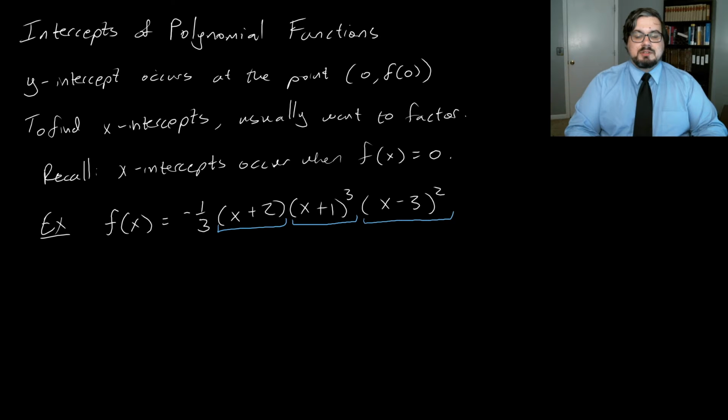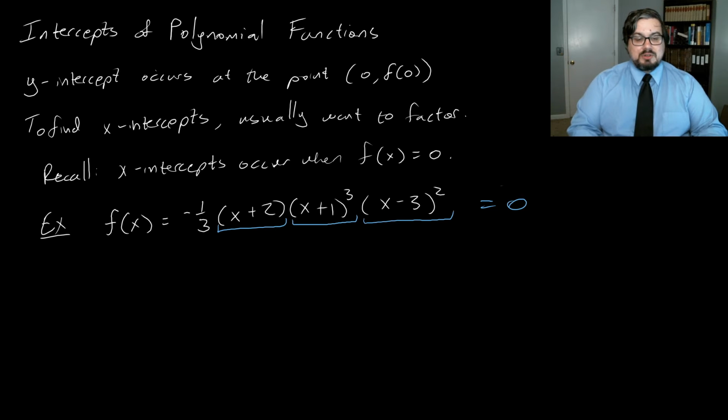These factors give us the x-intercepts because we've actually already seen this often when solving equations. If we set this expression equal to 0, then the fact that we have these three factors all multiplying together to give us 0 means, by the zero factor theorem, that one of them has to be 0.